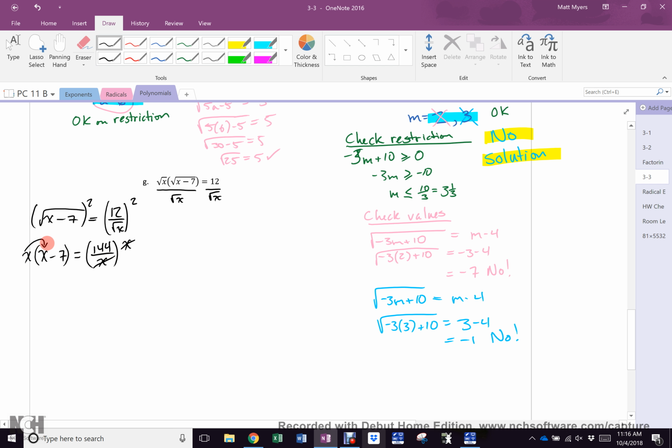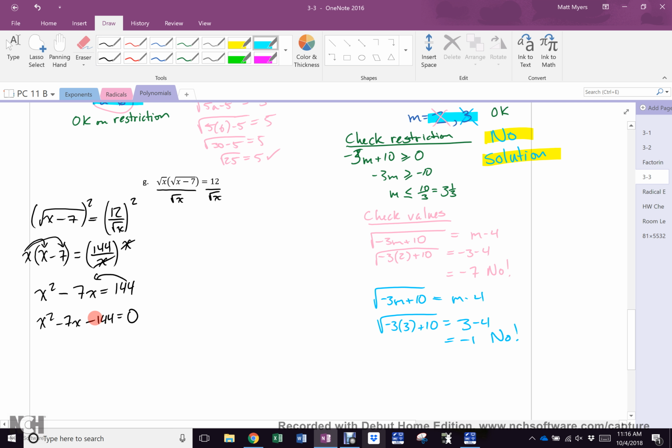What is x times x? x squared minus, what is x times 7? 7x equals what? 144. Bring that over here. And now x squared minus 7x minus 144 equals 0.